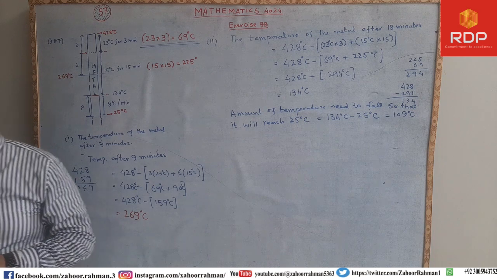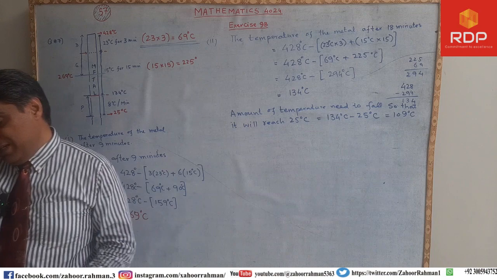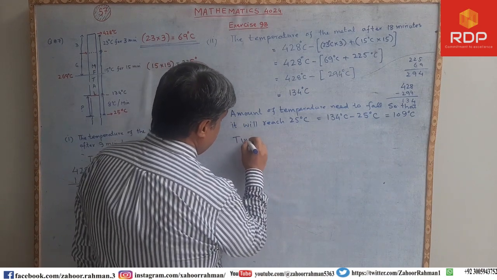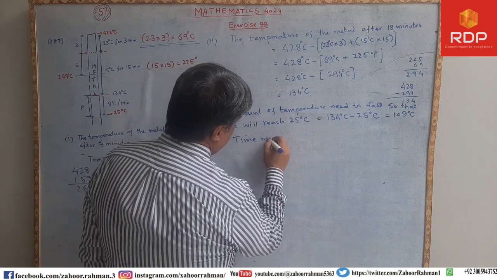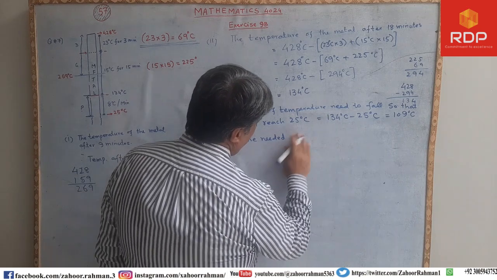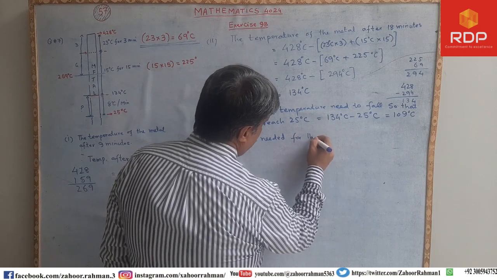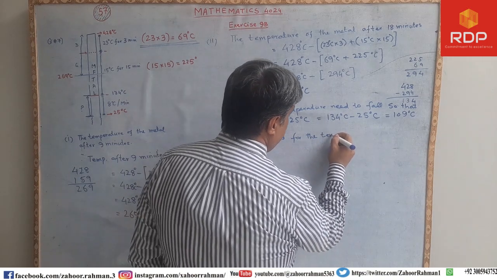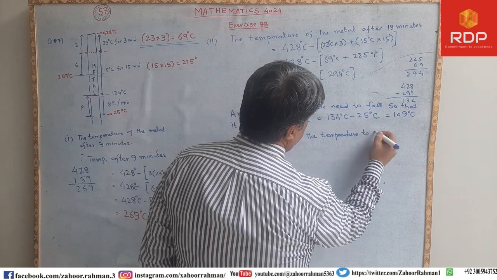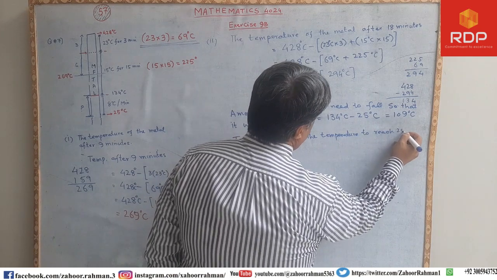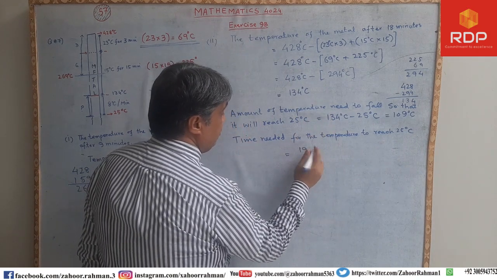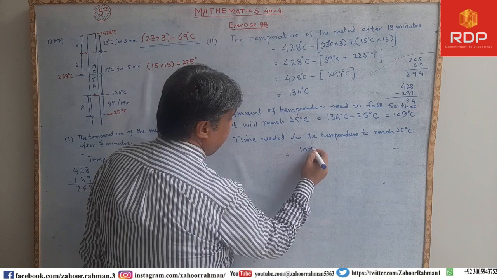So the time needed to reach a temperature of 25 degrees Celsius, and that will be the final answer, will be equal to 109 divided by 8.